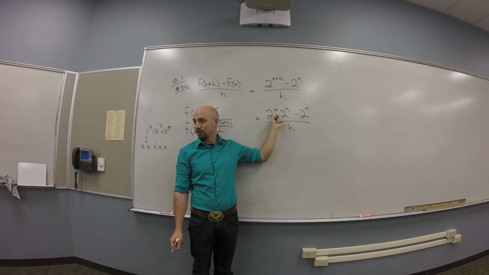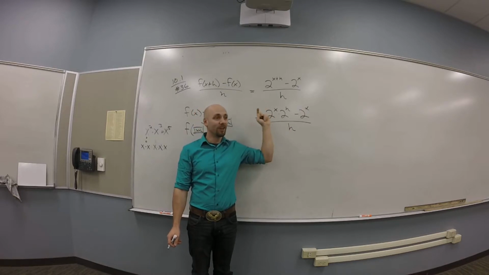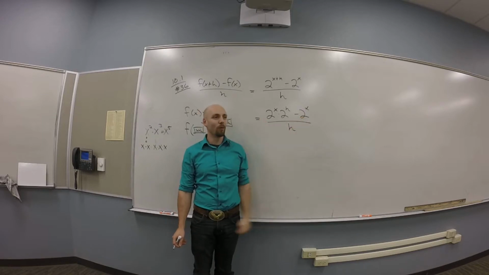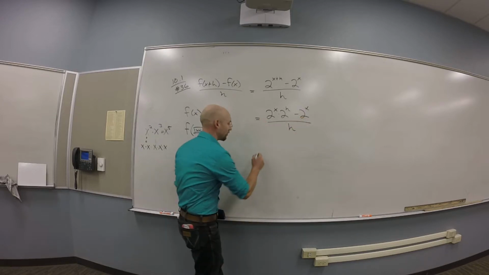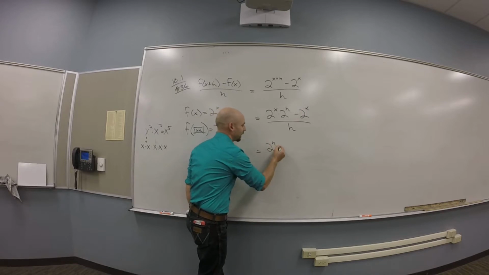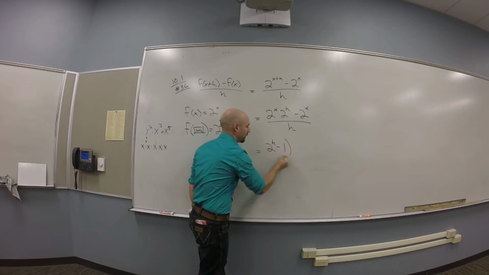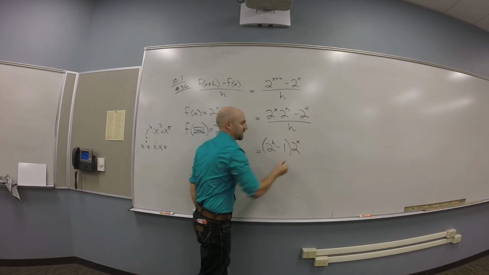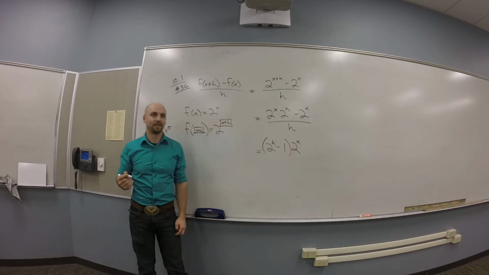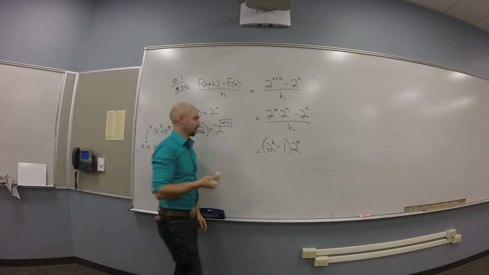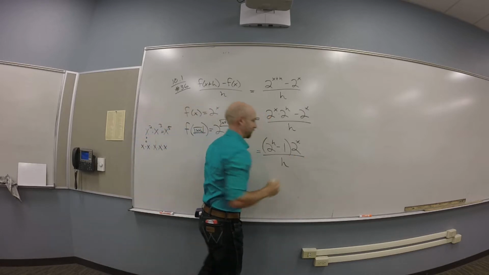How many 2 to the x's do I have here? I have 2 to the h of the 2 to the x's, and then I'm taking one of them away. So all told, I have 2 to the h minus 1, times 2 to the x's, and then it's over h.